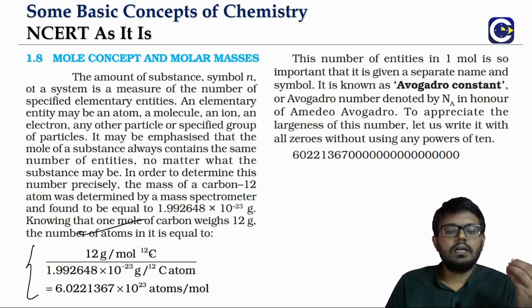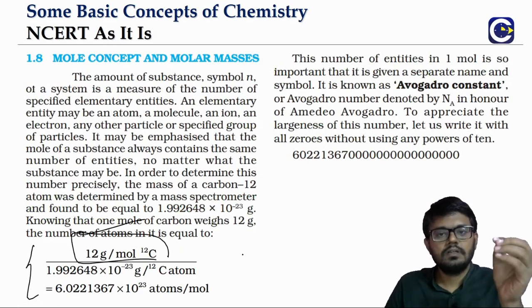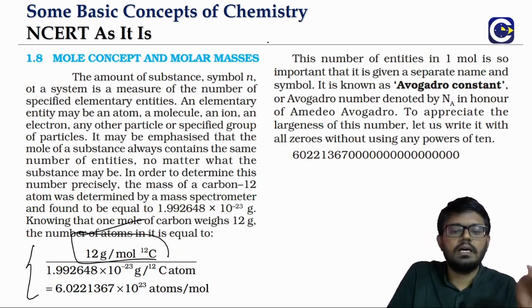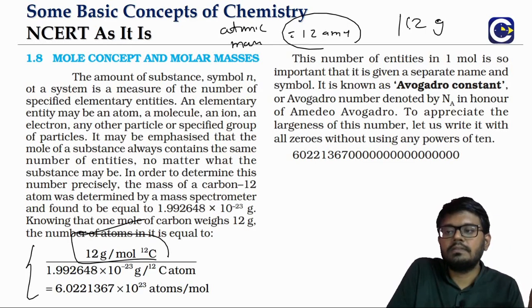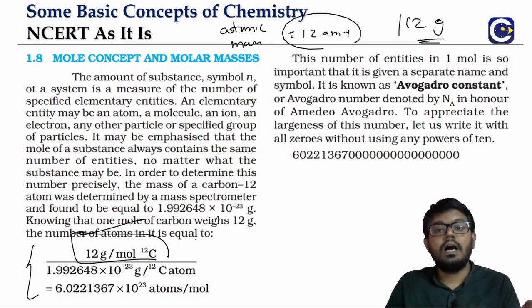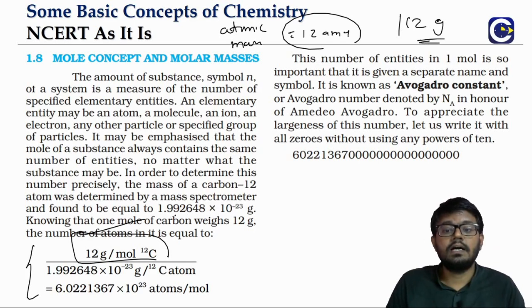If you take 12 grams of carbon, because the atomic mass of carbon is 12 AMU, you take exactly 12 grams of carbon, the same value but in grams, and we try to calculate the number of carbon atoms. In the current situation we have methods to find exactly the mass of a single carbon atom using a mass spectrometer.